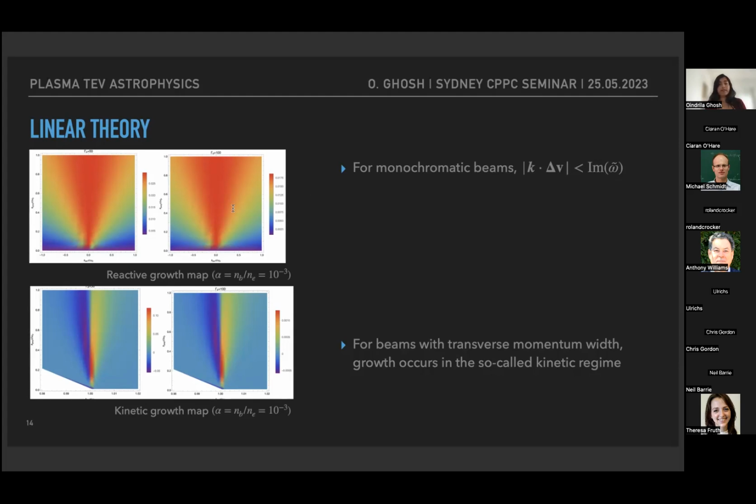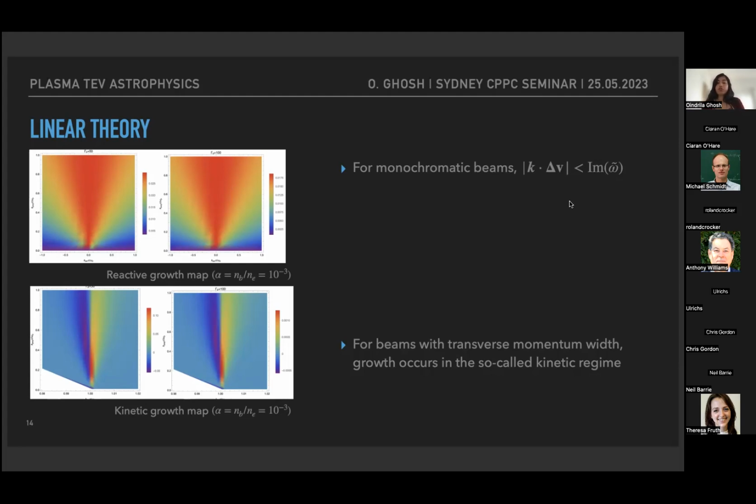And this is taking into account a pair beam that could be, for example, potentially created in a laboratory setup with a density contrast much larger and a beam Lorentz factor much smaller. But we expect the same scaling relations to be valid.